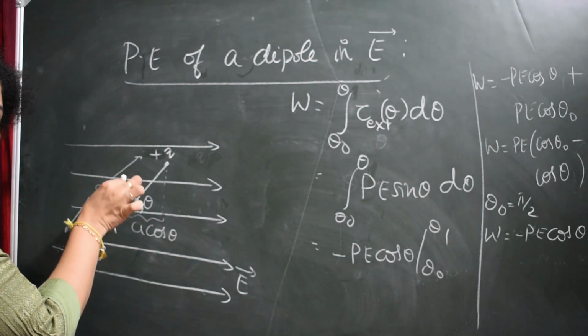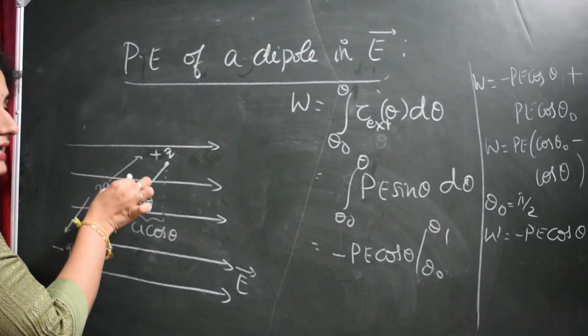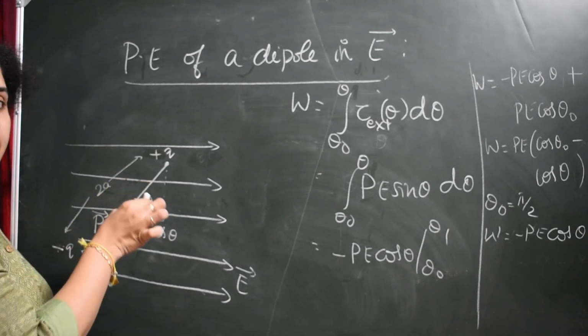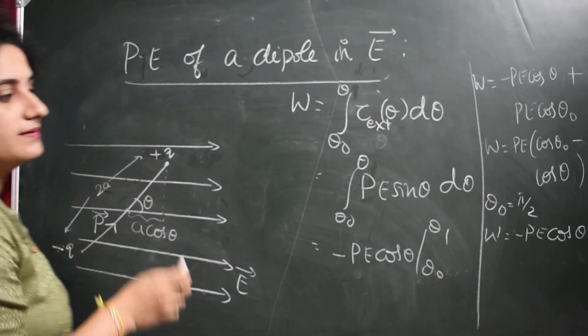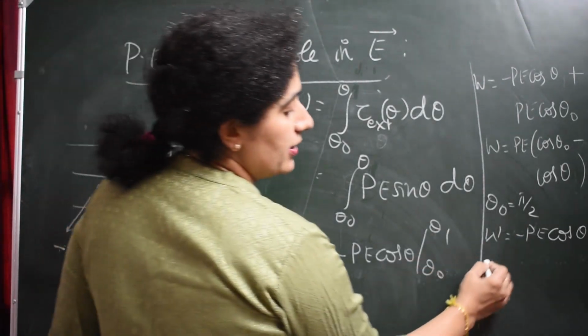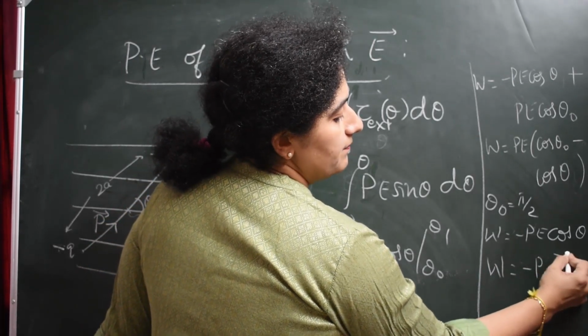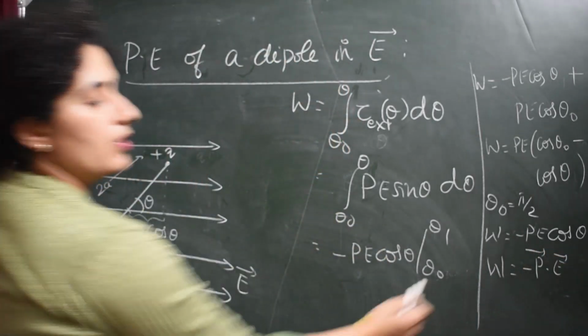So initially, if you are placing the dipole perpendicular to the electric field, then the work done, or the potential energy stored in the system, will be minus PE cos theta. Minus PE cos theta can be written as minus P dot E. Very important equation.